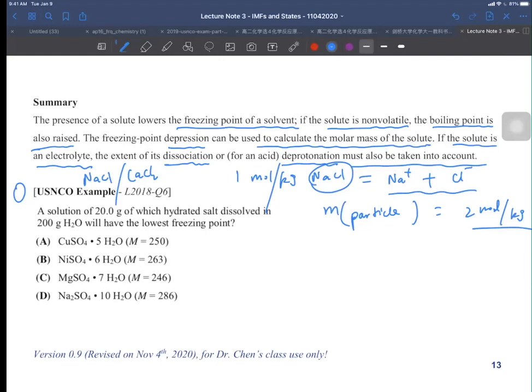For this question, you don't need to use the calculator because all of the molar masses are comparable, right? This is for you to have a quick estimation. Suppose all of their molar masses are the same. So the difference is related to how many moles of ions it can produce.